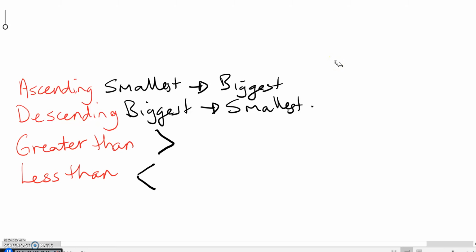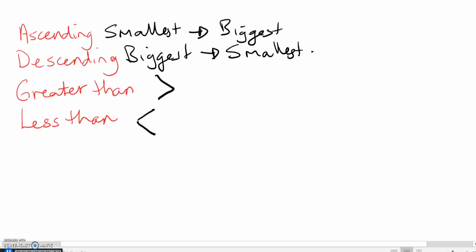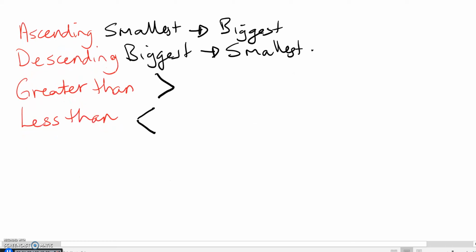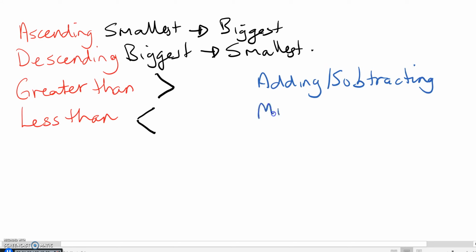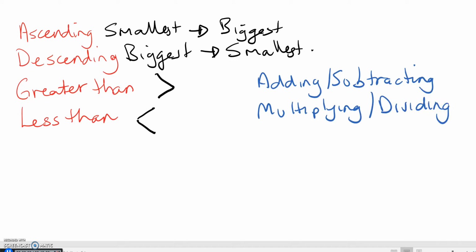Okie doke. When we look at what's actually on the test, there's a whole different range of stuff. Because we are looking at adding and subtracting whole numbers, things like that, we need to think about adding, subtracting, multiplying and dividing, and all of those things, our four major functions, for a range of different tasks.